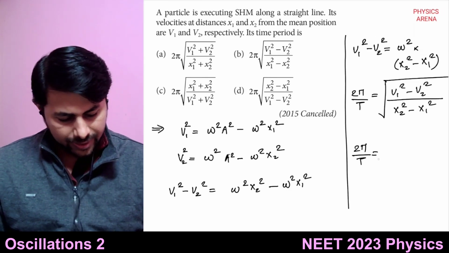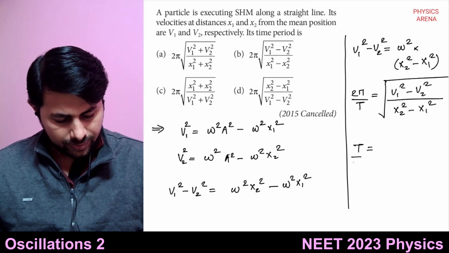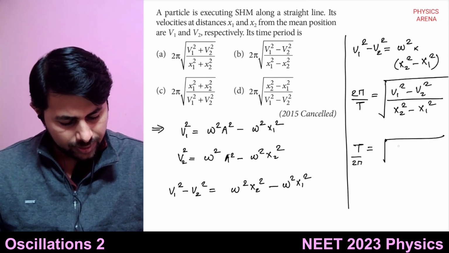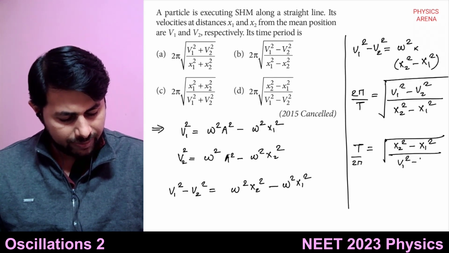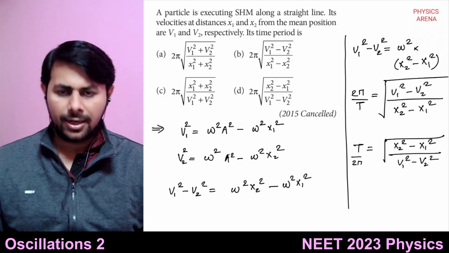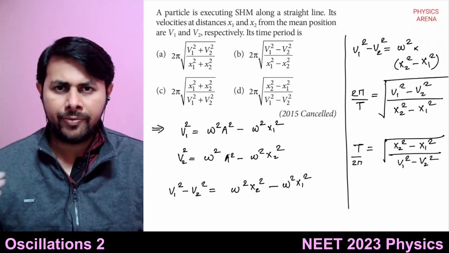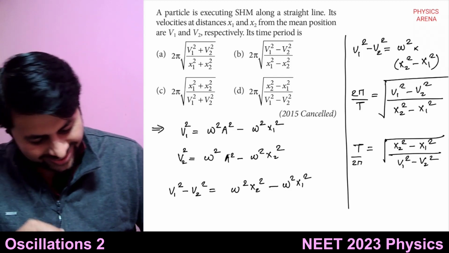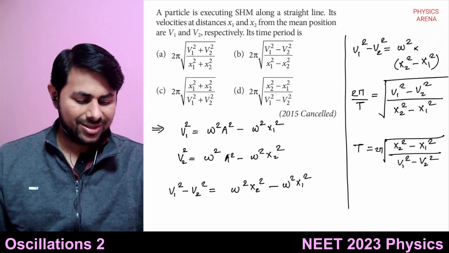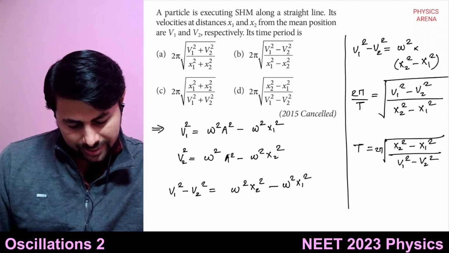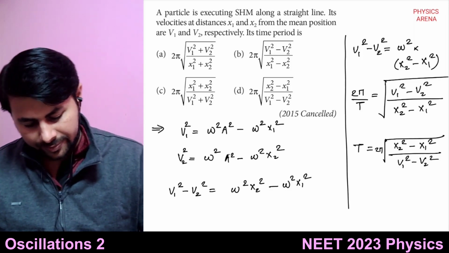So we get T upon 2 pi equals to (x2 square minus x1 square) divided by (v1 square minus v2 square). And now we can move that 2 pi on the other side because we want the period. So this is the answer. So option D is the answer.